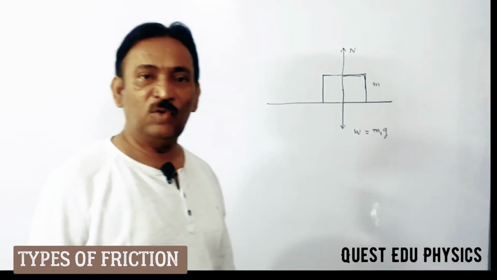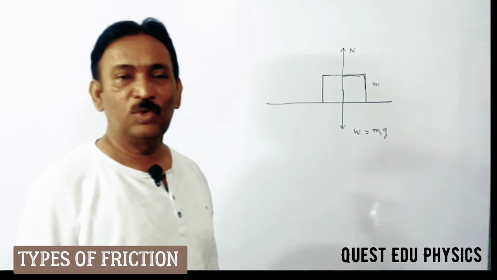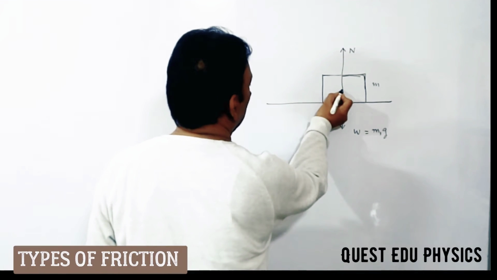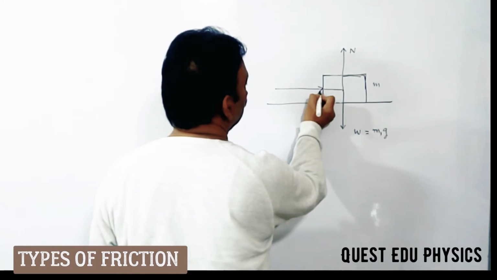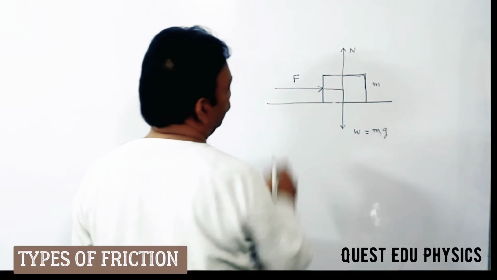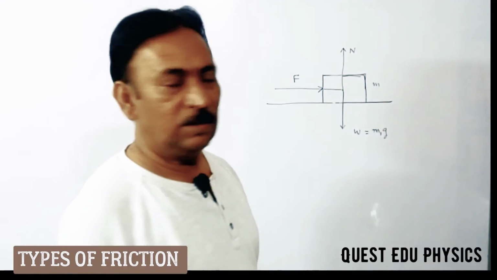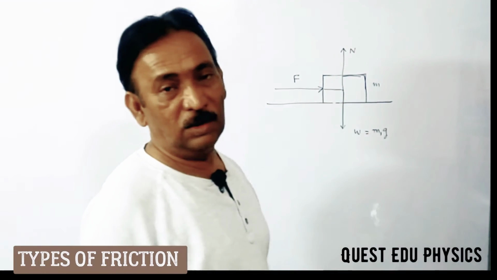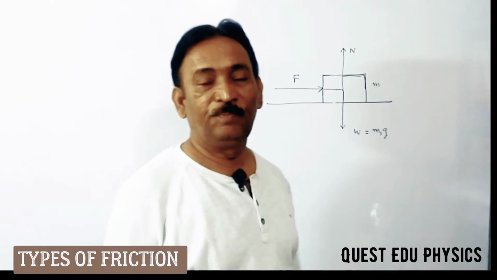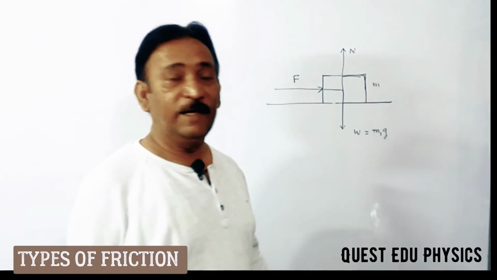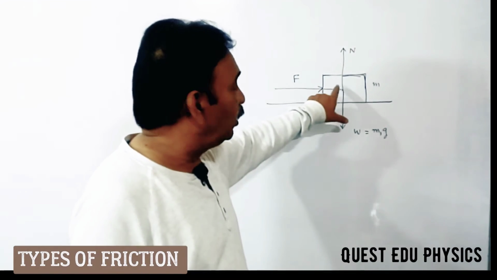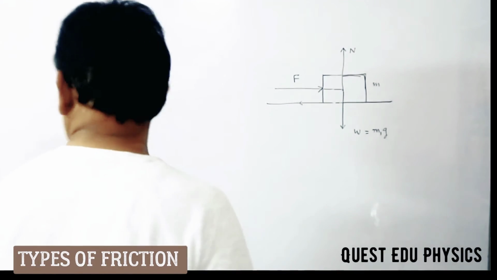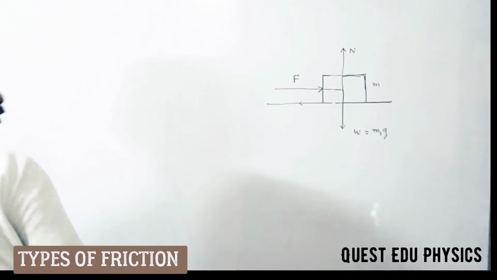Here frictional force is the force which tries to stop the relative motion between the two bodies which are in contact. Now say this is the line of action of force. I am applying a force which has a magnitude of F. There would be a chance whether this force can make this body move or not. It depends upon the applied force. Immediately when you apply a force on this body, a force will develop in the direction opposite to the applied force.